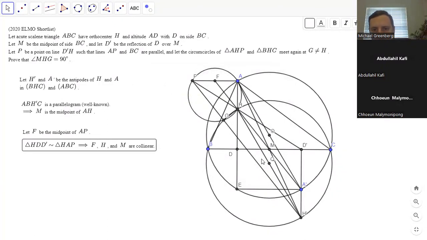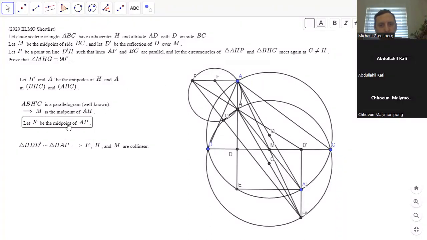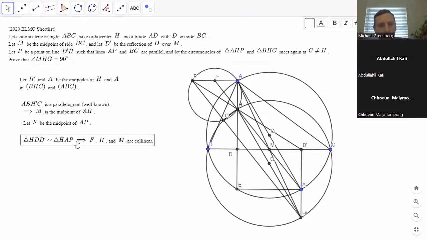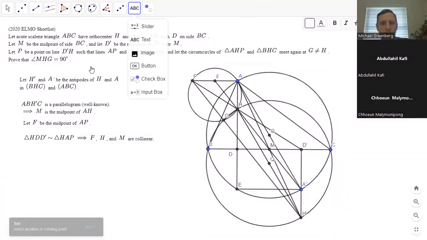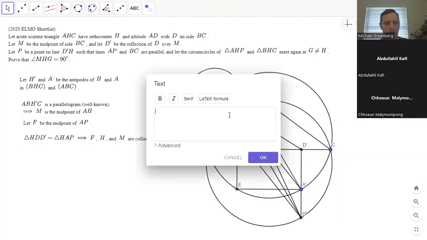And so AF equals FP and AM equals MH prime. So first of all, angle PGH equals 90 and angle HGH prime equals 90. So they're collinear.